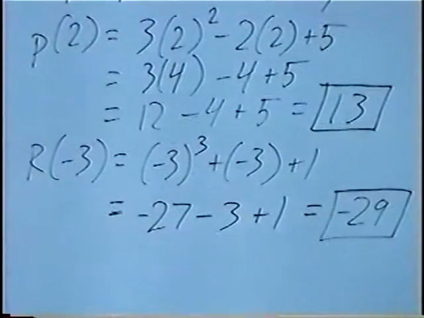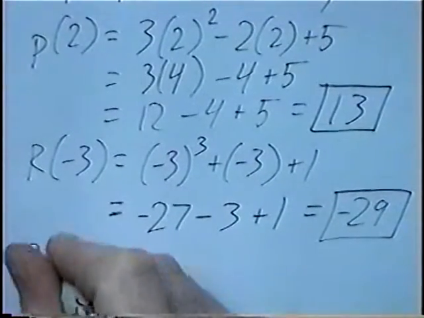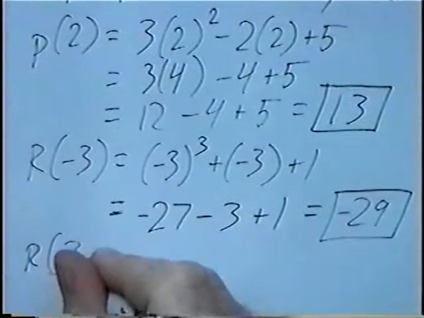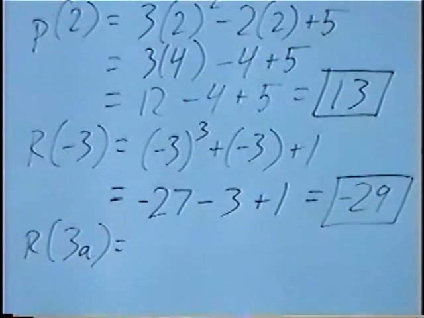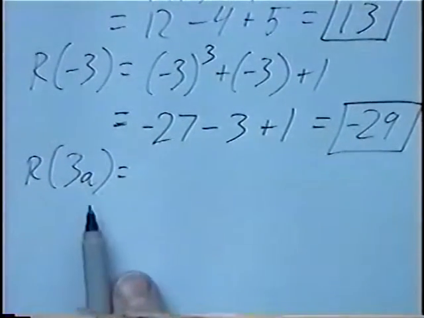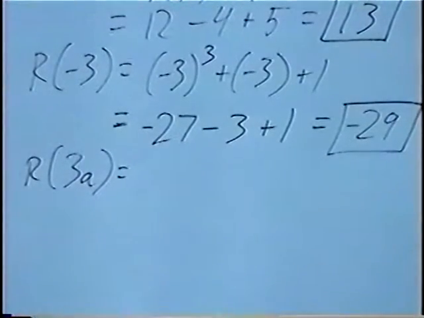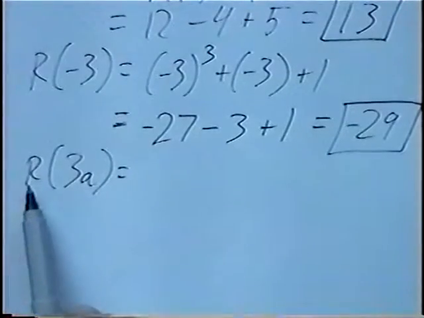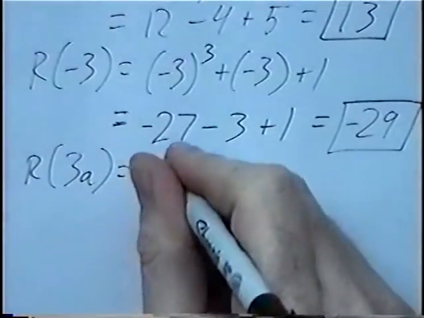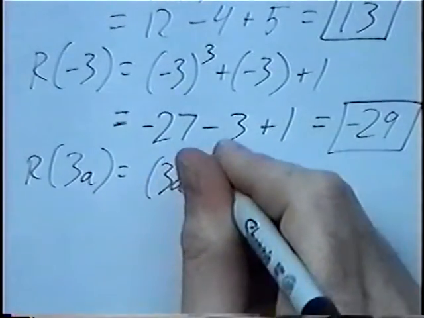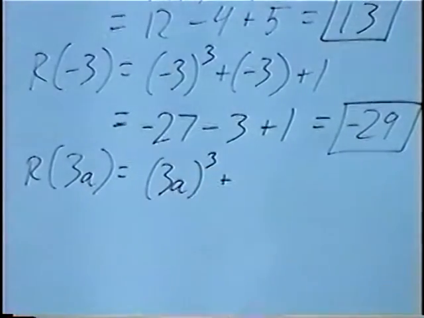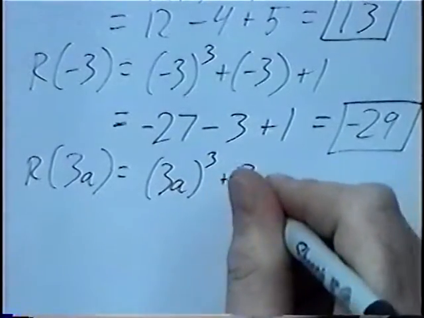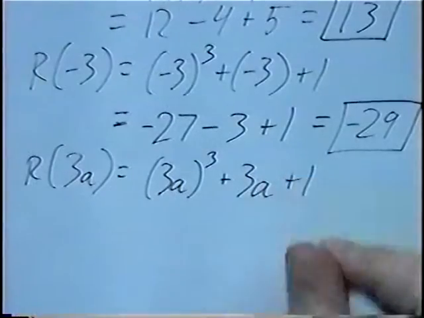And last question for the section, r of 3a. With a variable, we can plug 3a in and replace that with the other variable x. So rewriting the r equation, x cubed would be 3a cubed. And instead of plus x, we'll have plus 3a plus 1.